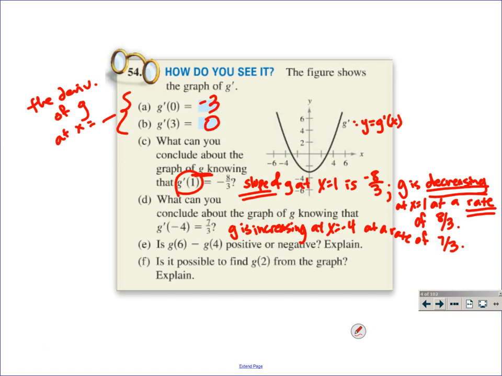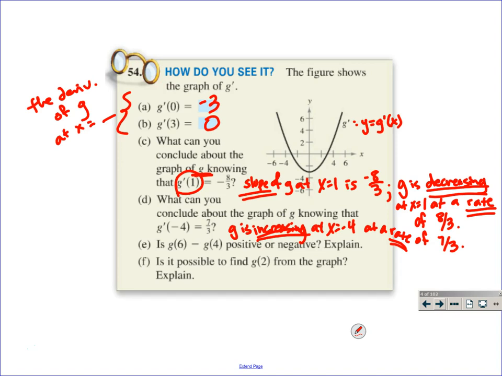As you move forward, they're going to go lower, so a subtraction would be negative. If G was increasing, what would that mean about the y values? The farther you go, the higher they are, so that would be positive. So what you have to ask yourselves is, I wonder what's going on between 4 and 6, as far as whether G is increasing or decreasing. Can I tell that? And if I can tell that, maybe I can answer this question.